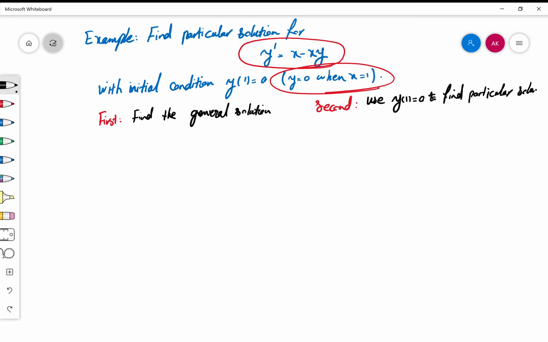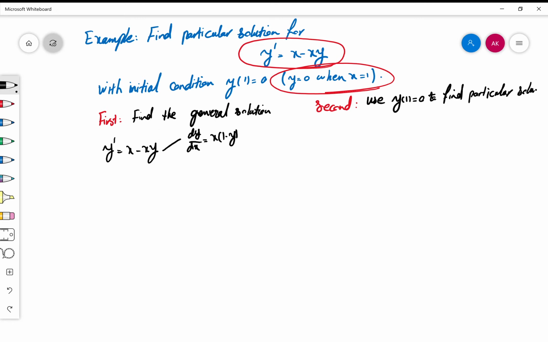Here, we have to first figure out what kind of differential equation this is. If you look carefully, you can write it as dy/dx equals x times (1 minus y).